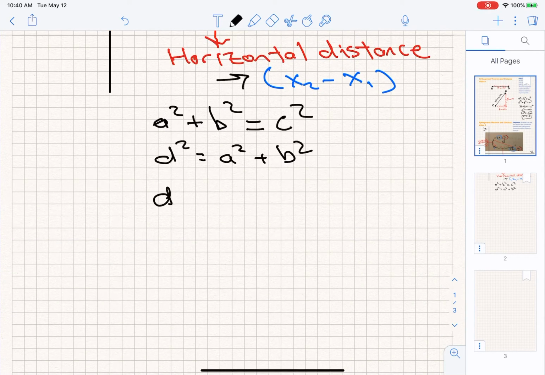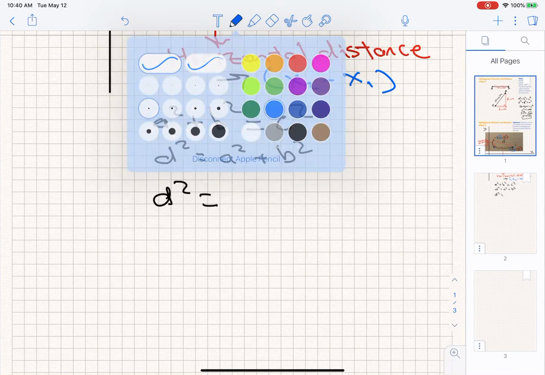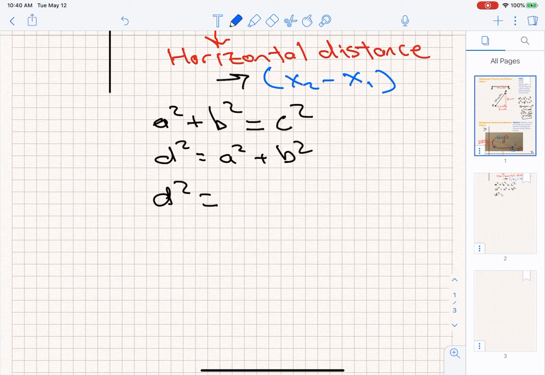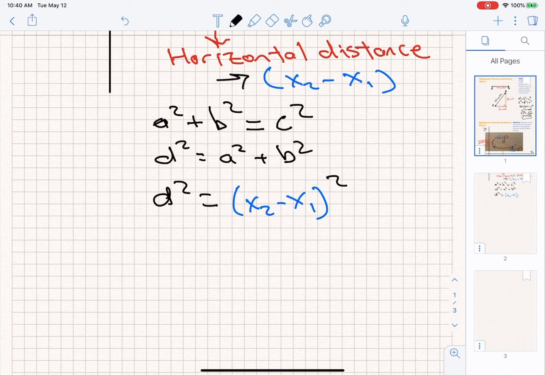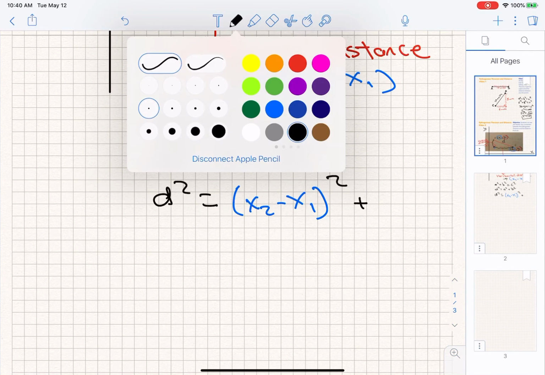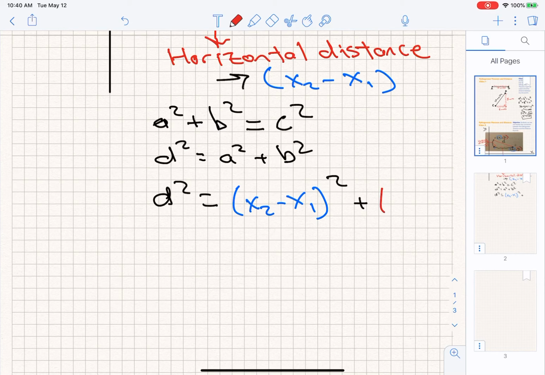We're going to say d squared equals (x2 minus x1) squared plus (y2 minus y1) squared.